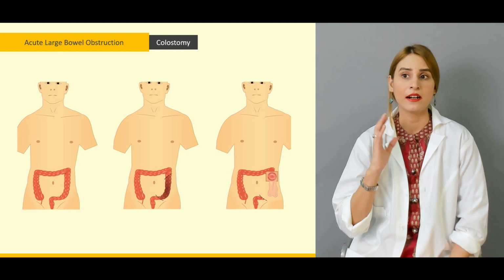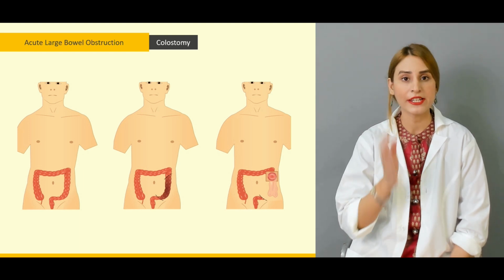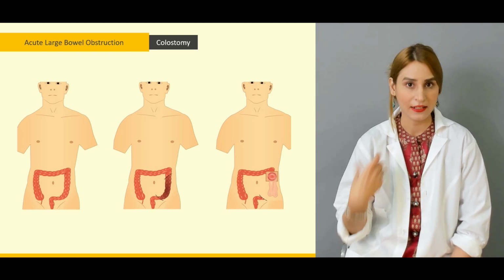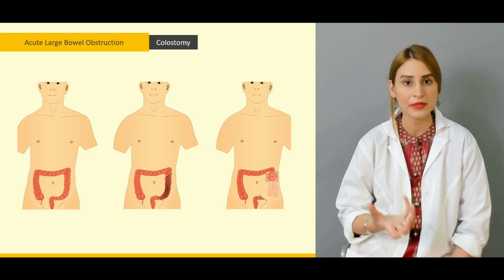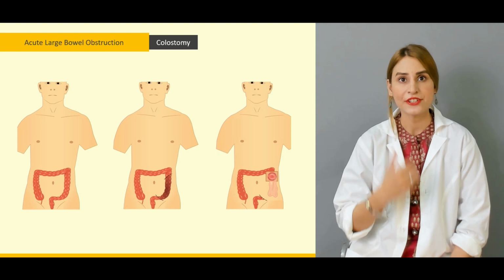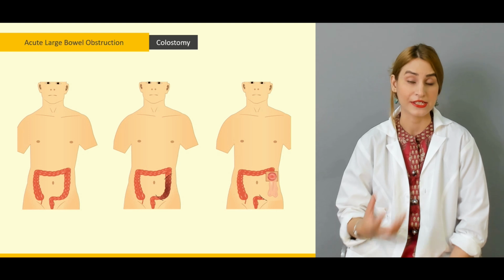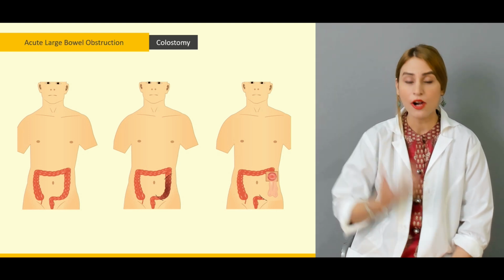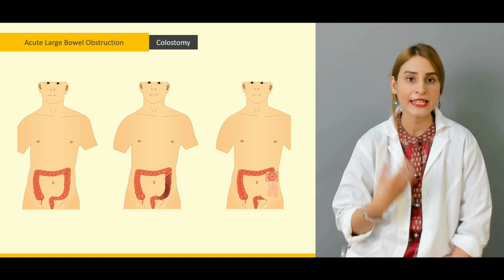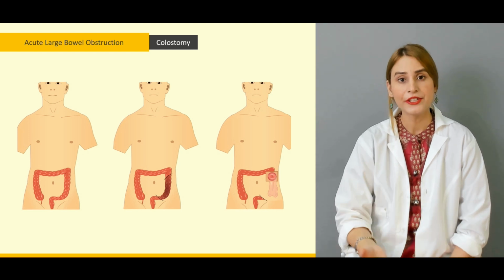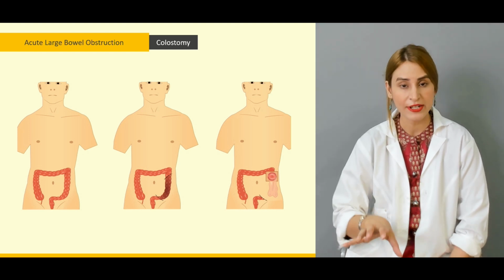But in case there was a perforation, or particularly an element of sepsis or bacteremia, you do not do the primary anastomosis. You create the colostomy, or you create the ileostomy, and then you keep the colostomy for a reasonable time.